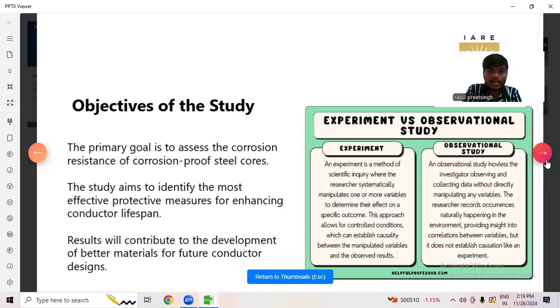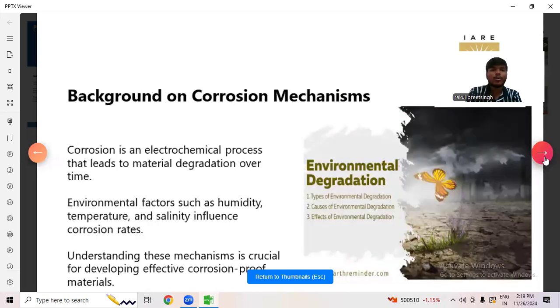And next is the background on corrosion mechanism. Corrosion is an electrochemical process that leads to material degradation over time. Environmental factors such as humidity, temperature, and salinity influence corrosion rates.